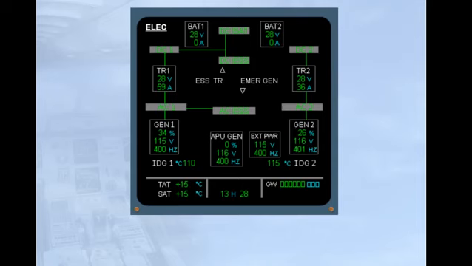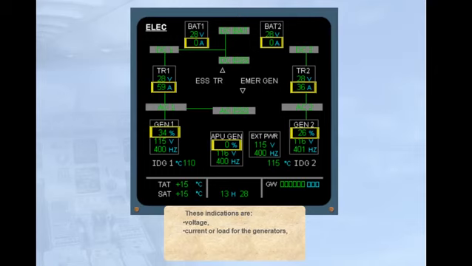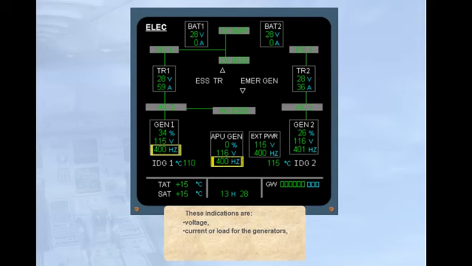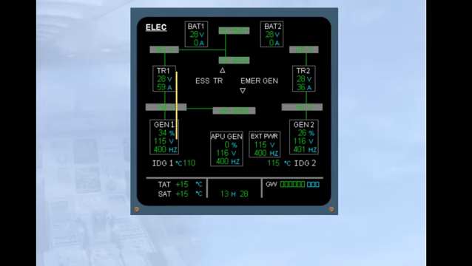These indications are voltage, current or load for the generators, frequency, IDG temperature. You can also notice the different connections displayed via green lines.